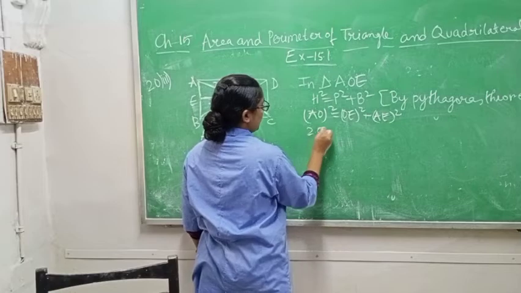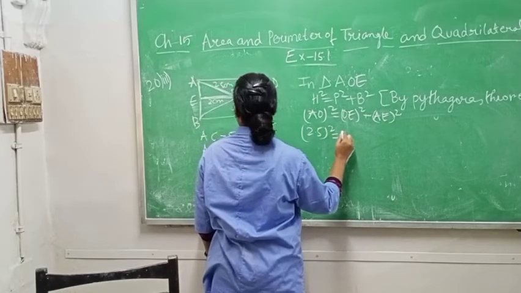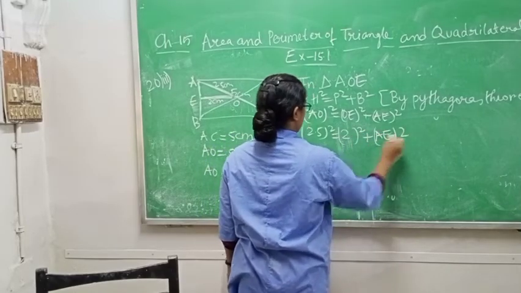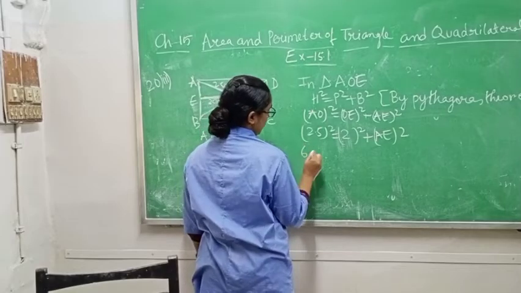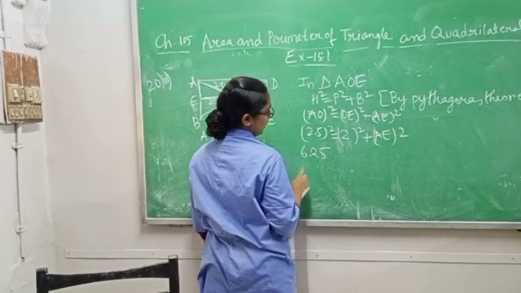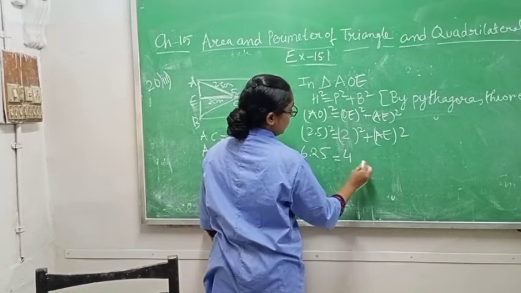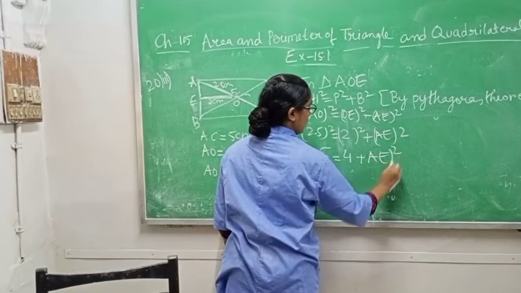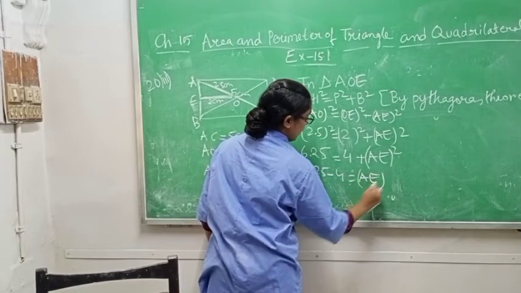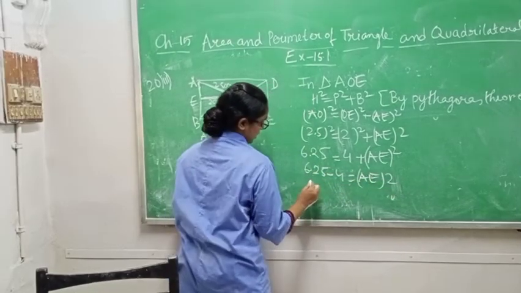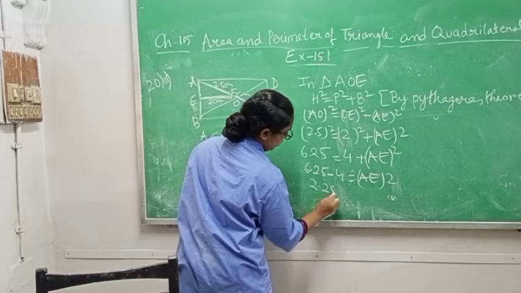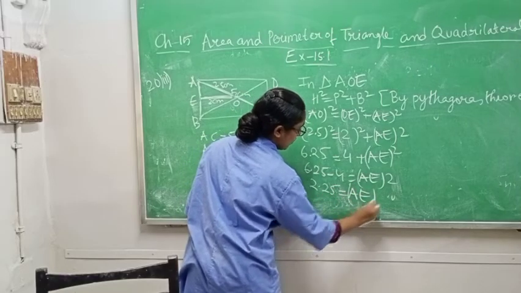So AO is 2.5. OE is 2 centimeter, so 2 square. AE square. Now 2.5 square will give you how much? 25 square is 625. So this one will come 6.25. Now this one will come 4 plus AE square. Now 6.25 minus 4, it will come 2.25 equals AE square.